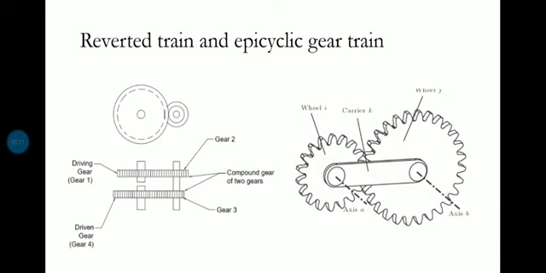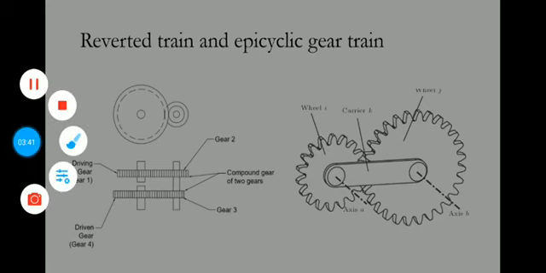What is it? You see the shaft of 1 and the shaft of 4, or the axis of rotation of 1 and the axis of rotation of 4. The axis is the same, right? The same line.